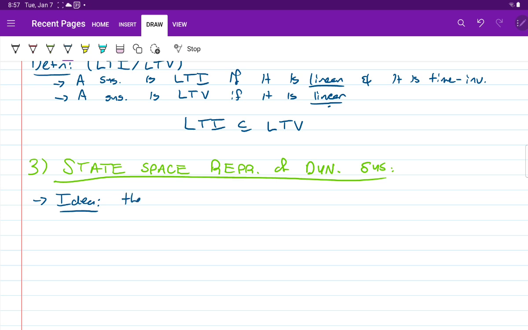So there's this basic idea that there exist convenient representations of dynamical systems, right?